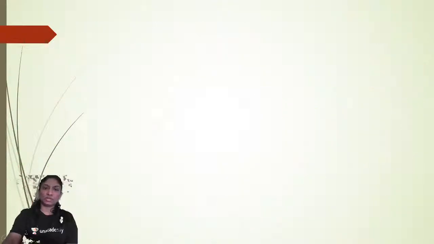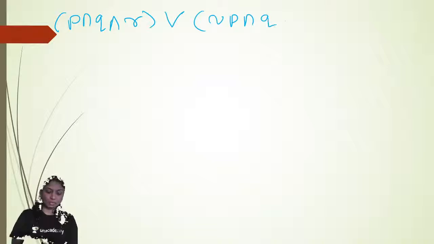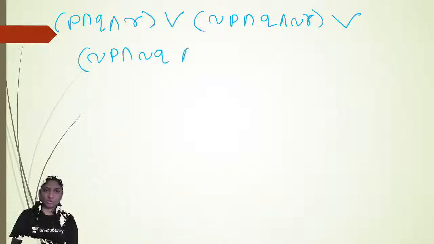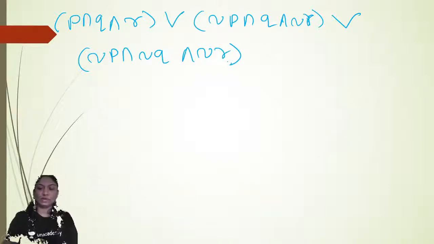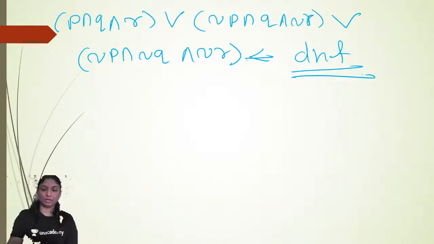Okay. So see again, we can write P and Q and R, or negation of P and Q and negation of R, or negation of P and negation of Q and negation of R, right? So this is your DNF by using truth table. Okay.